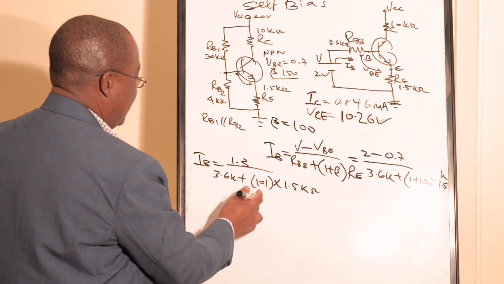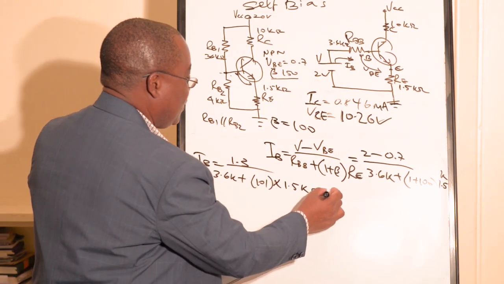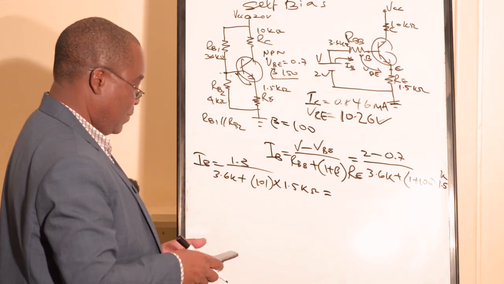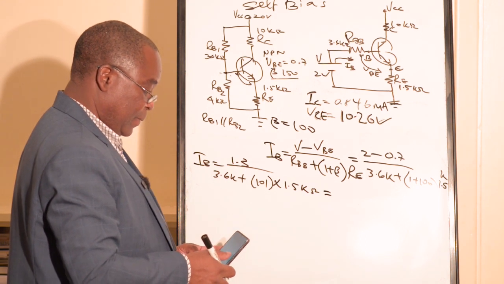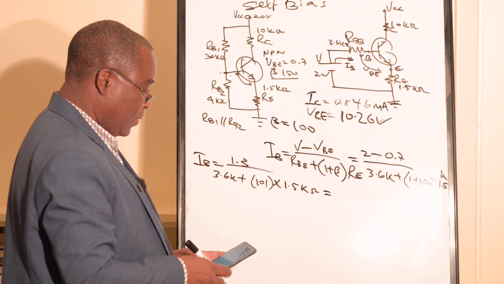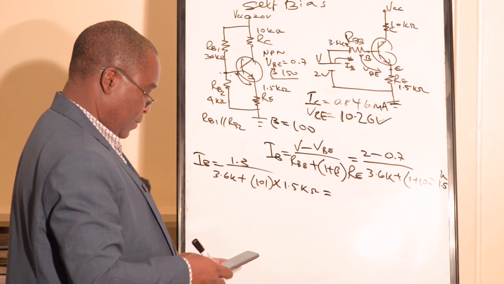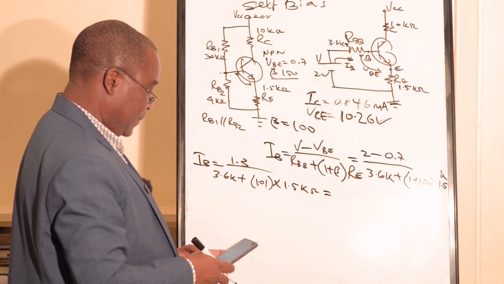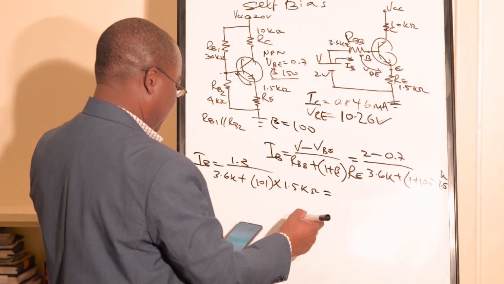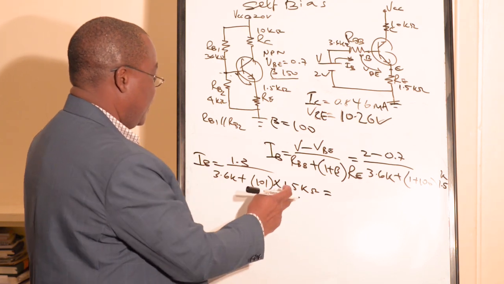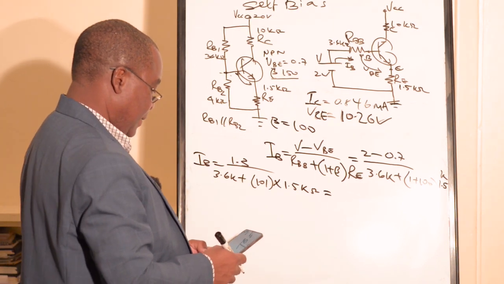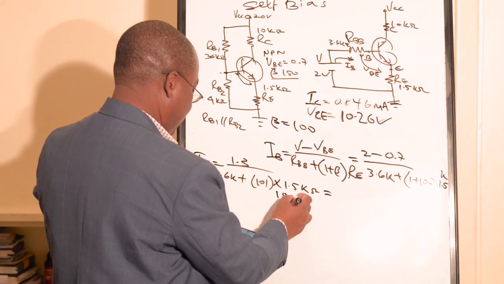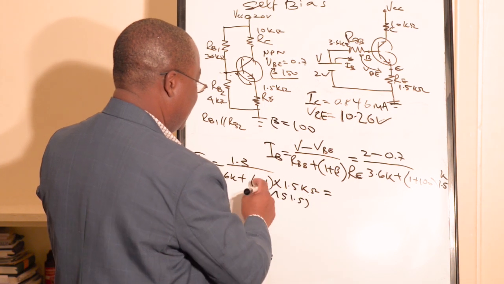So we have our algebra here also. 101 times 1.5, we have 151.5 when we times this.